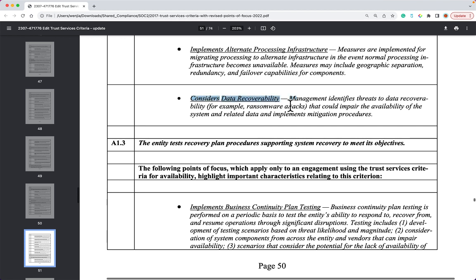You need to consider how you can recover from the challenge, from the attack. So management identifies threats to data recovery that could impair the availability of the system and related data, and implements mitigation procedures. So this is a plan. You need to have this plan.